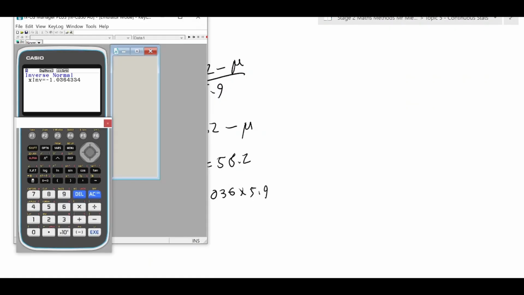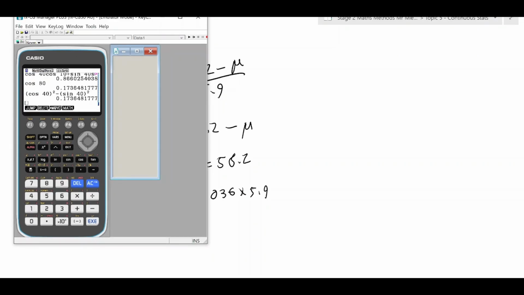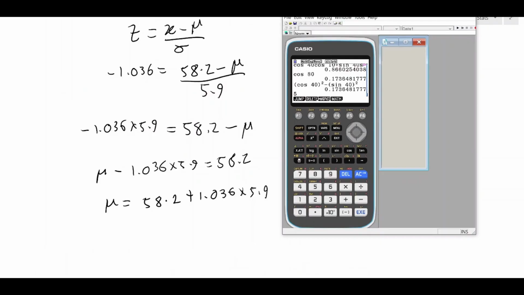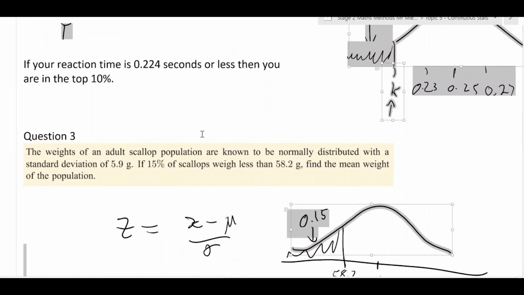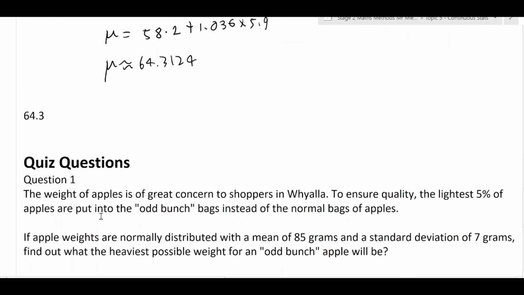We'll just see what that is. So we're going to exit back to our menu. 58.2 plus 1.036 times 5.9 gives you 64.3124. All right, now you can actually put units on this as well, so that's in grams.